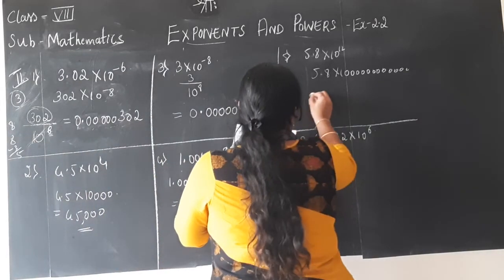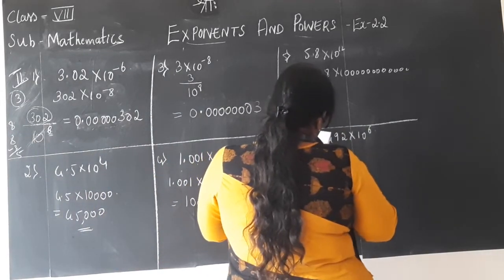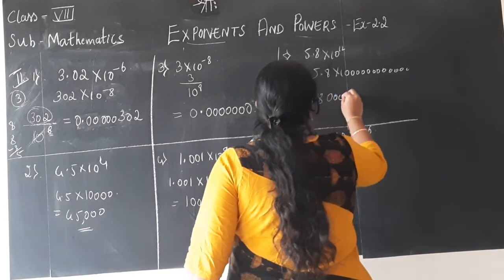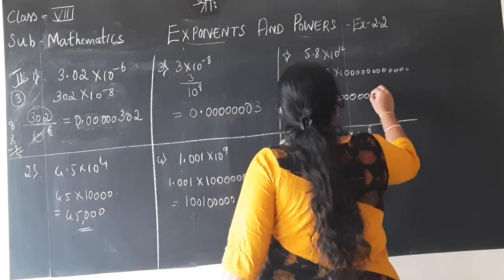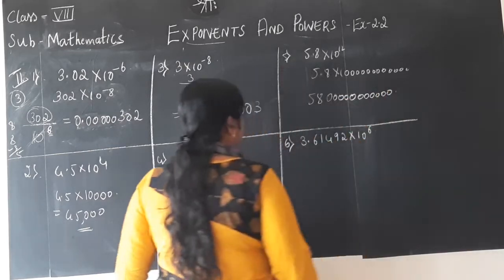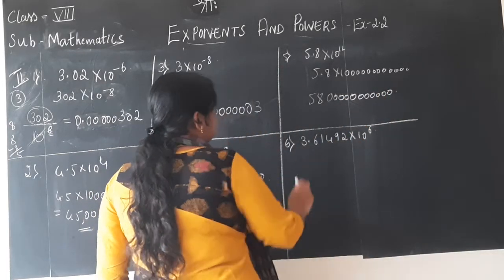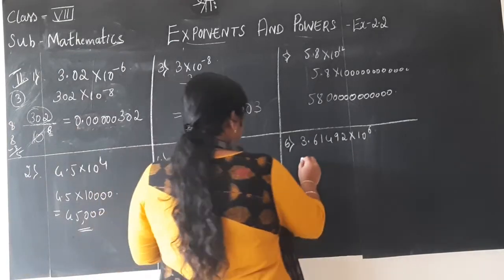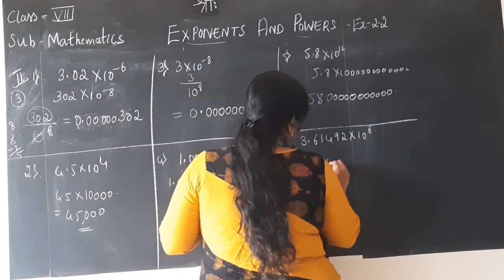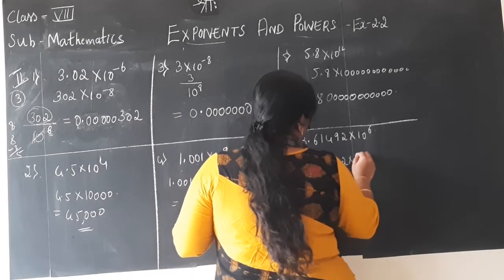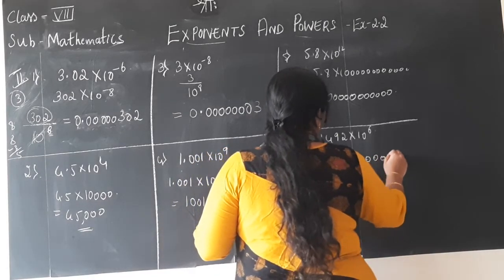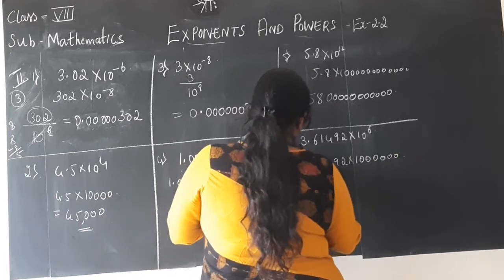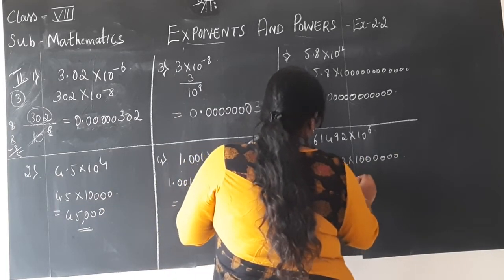5.8 into this, when you do it, 58 followed by 11 zeros you will get. Similarly 3.61492 into 10 power 6, it is simply 3.61492 into 6 zeros, simply multiply and you will get 3614920.